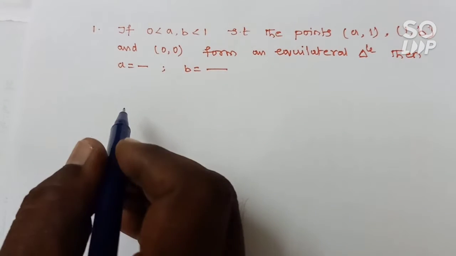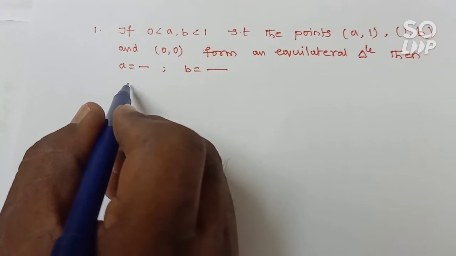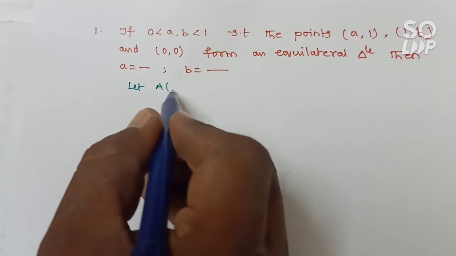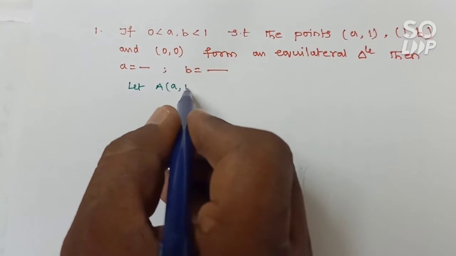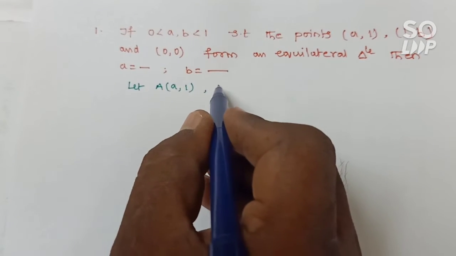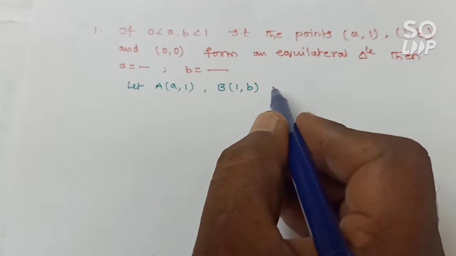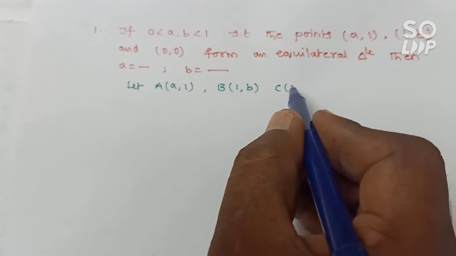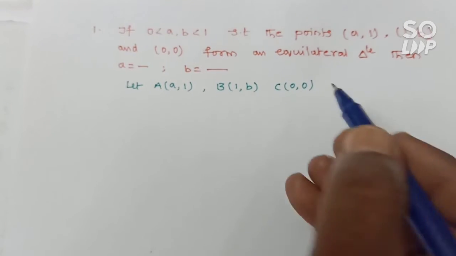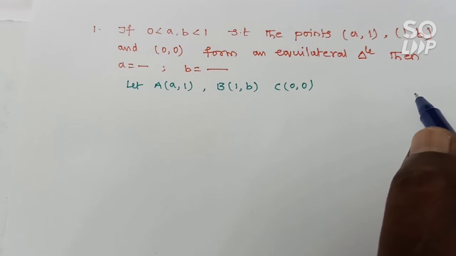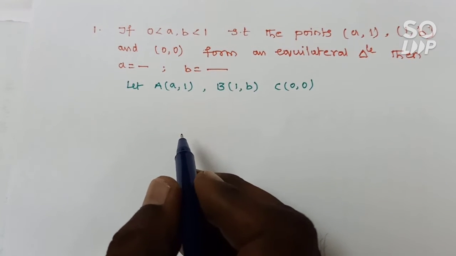First, take the given points as A, B, C. Let A = (a, 1), B = (1, b) and C = (0, 0). Now the triangle is equilateral, which means all sides are equal.